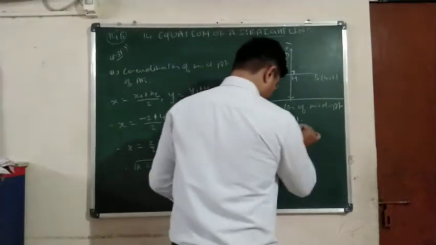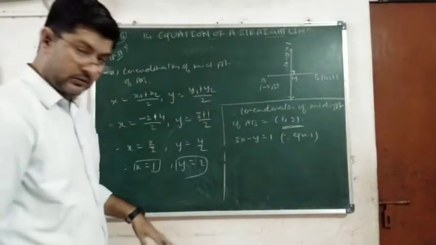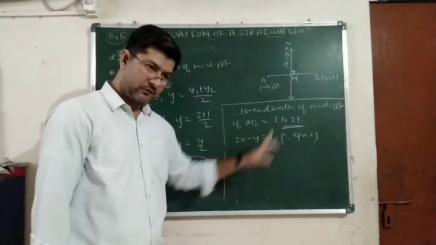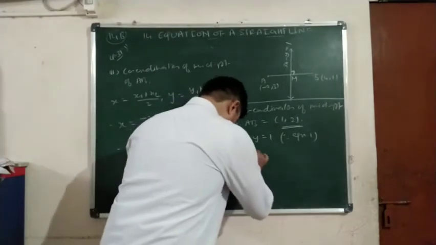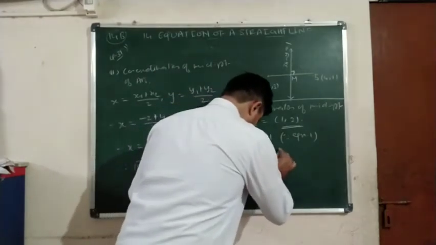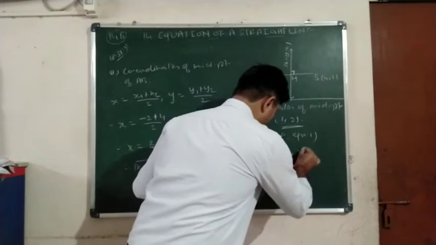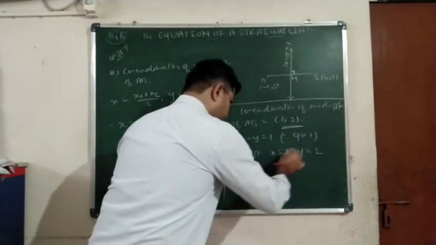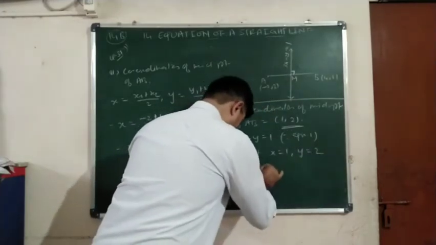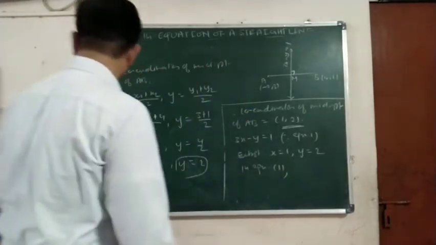So let us substitute the values. For x we will put 1 and for y we will put 2. Substituting x is equal to 1 and y is equal to 2 in equation 1.